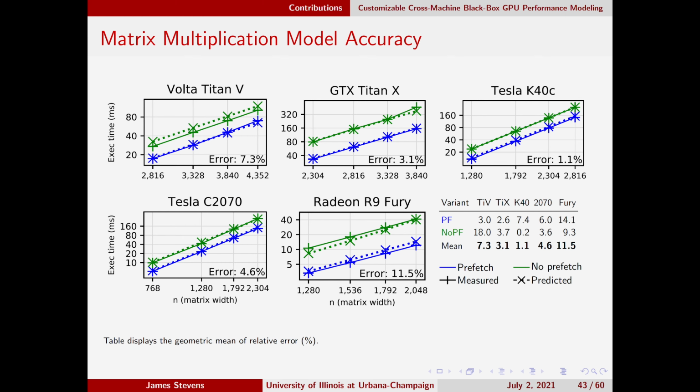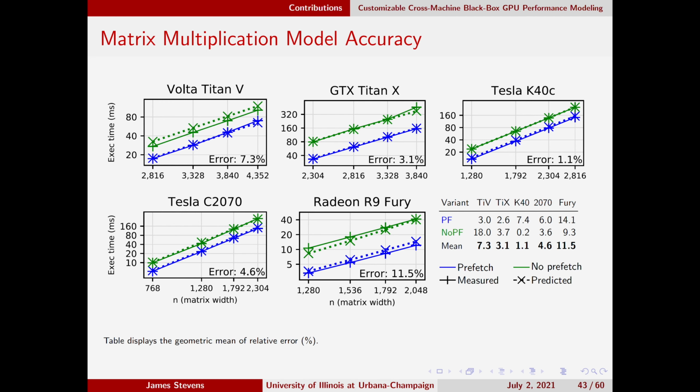Here are the results on 5 GPUs for 2 variants of a matrix multiplication. In these charts, each color corresponds to a different variant of the computation. The dotted line shows the modeled execution times, and the solid line shows the measured execution times. And error percentages for each GPU are visible in the charts, and percentages for individual variants are in the table.